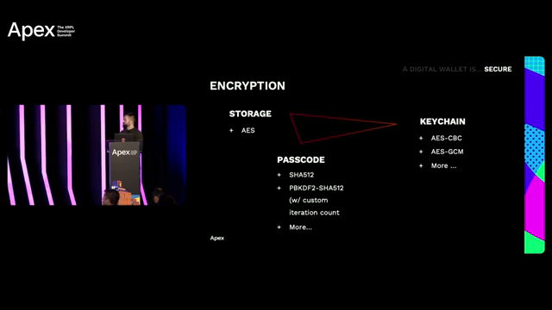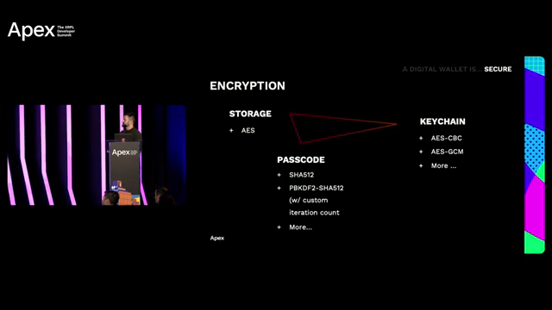But then we also have PBKDF2, which I believe stands for password-based key derivation function, maybe. That offers a unique property in the sense that you could feed it an iteration count. What that means is that the function will iterate over a handful number of times and keep rehashing your passcode. This prevents hackers from brute force attacking your wallet.